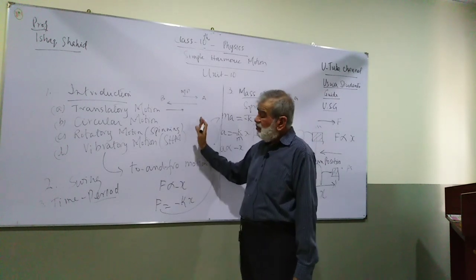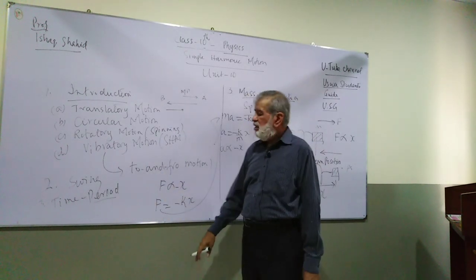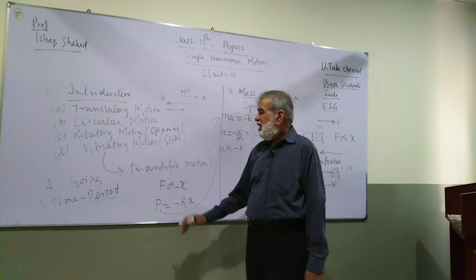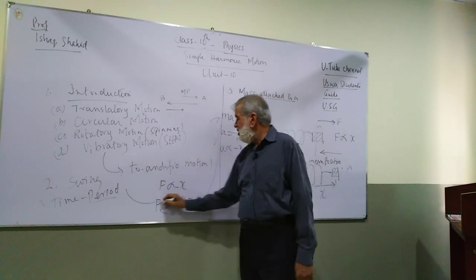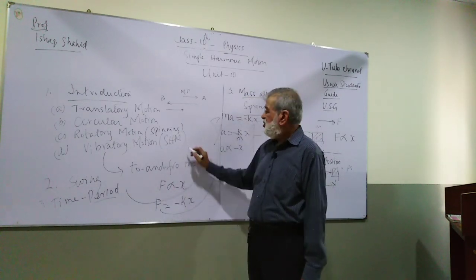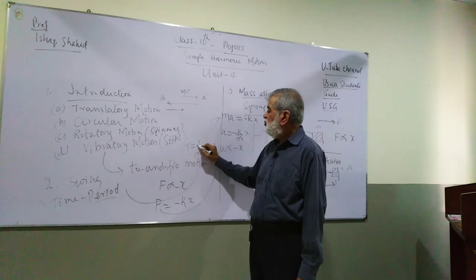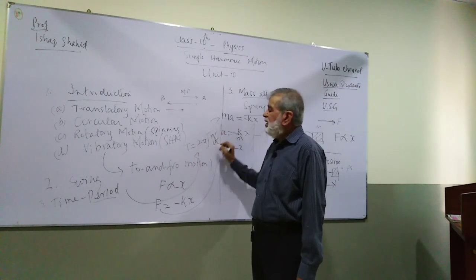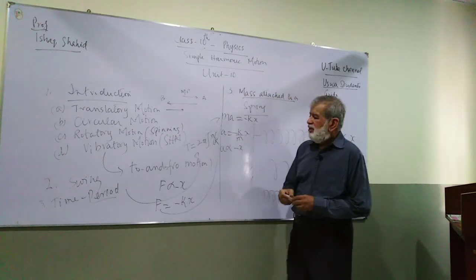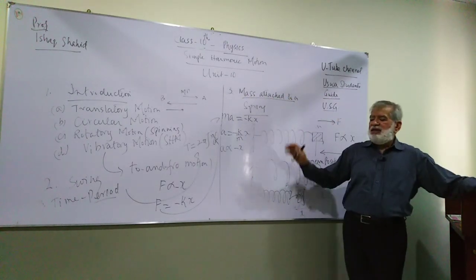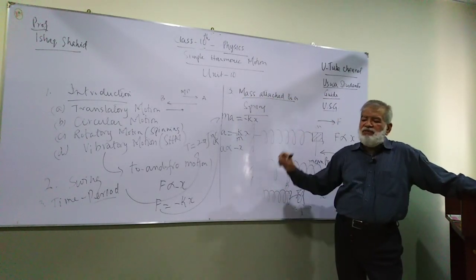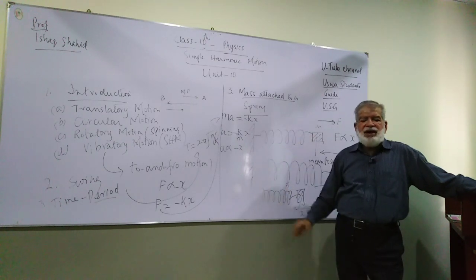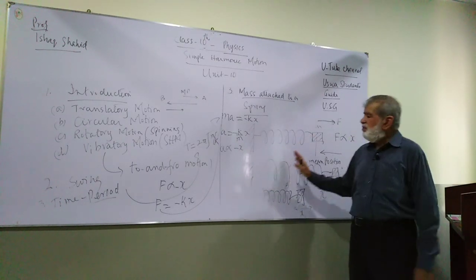So the time taken to complete this period is known as the time period. And it is determined as T, capital T, is equal to 2 pi under root m over k. This is the formula for finding the time period of a spring attached to a mass.